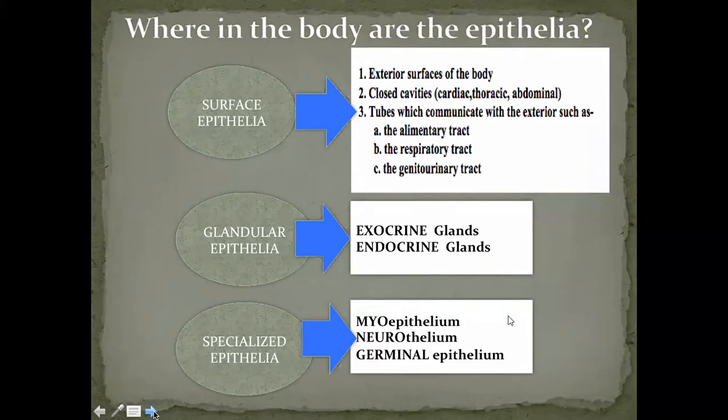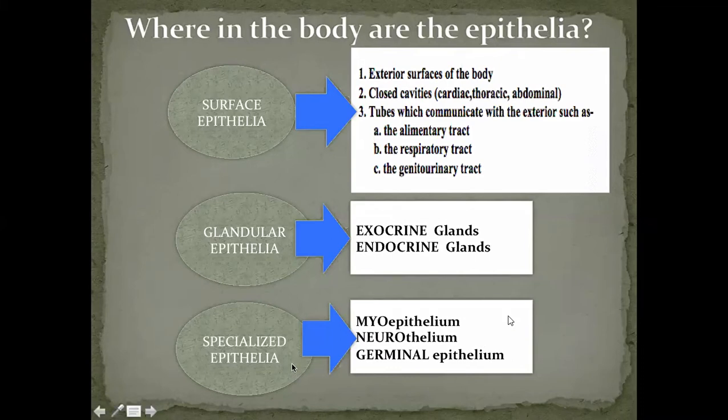Myoepithelium is found in your breast, for example, in the lining of your ducts, because there must be myoepithelium in order for them to contract and expel the milk. Then we can also find neuroepithelium, the coverings of your retina, which is a form of neuroepithelium, as well as in your tongue.